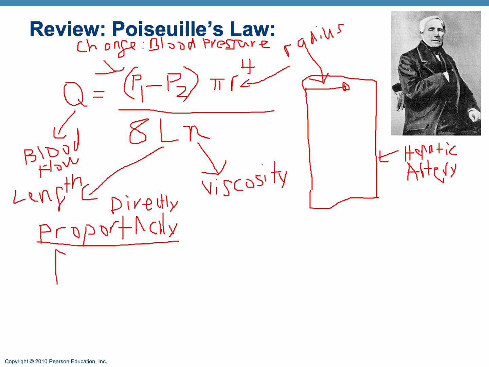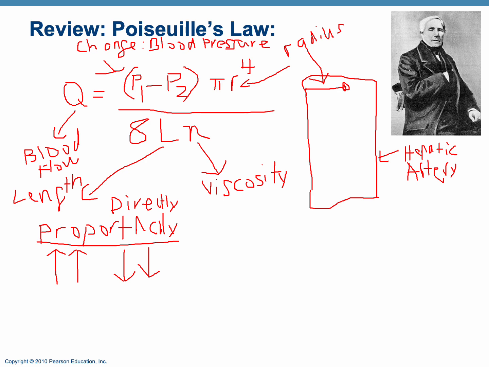So if there's a change in one variable in the equation, the net result is that blood flow will go up. Likewise, if there's a change in one variable in the equation, the net result is that blood flow will go down. So increase, increase, decrease, decrease.